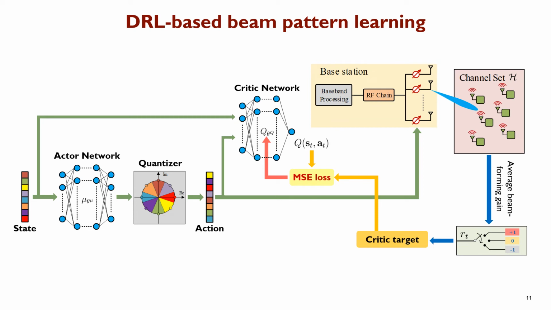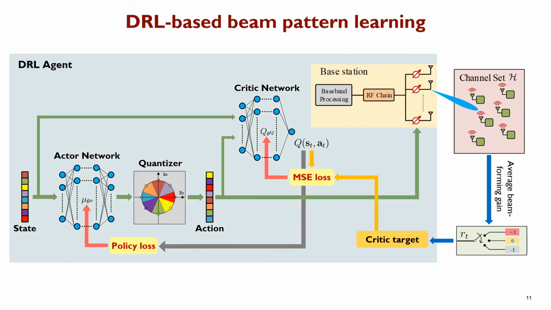Then we calculate the mean square error between the predicted Q value and the target to update the critic network. Also, the predicted Q value will be used to construct the policy loss to update the actor network. So this is a complete training loop of the learning model, and we can abstractly partition those components into a DRL agent domain and an environment domain.